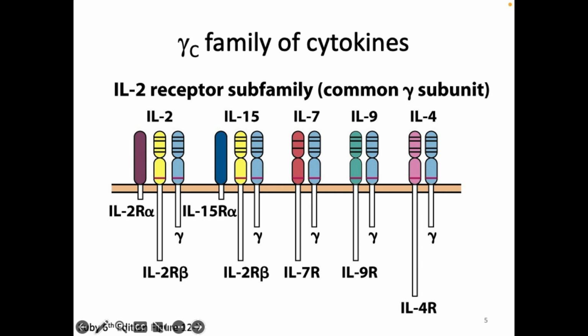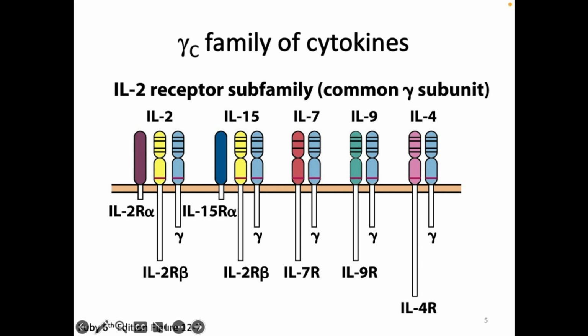Realize that a lot of the big lymphocyte functions are controlled by common gamma chain cytokines. You've actually already met one earlier this semester, which was IL-7, which was involved in helping the developing B cells and T cells, when they're stem cells, to develop. So IL-7 is a really nice survival cytokine for developing lymphocytes.